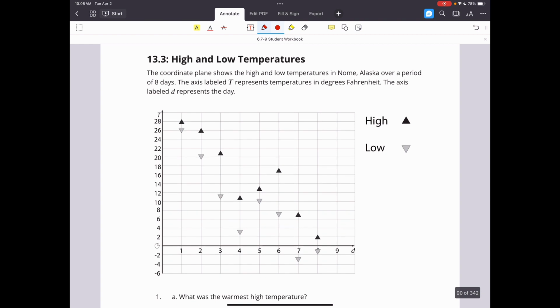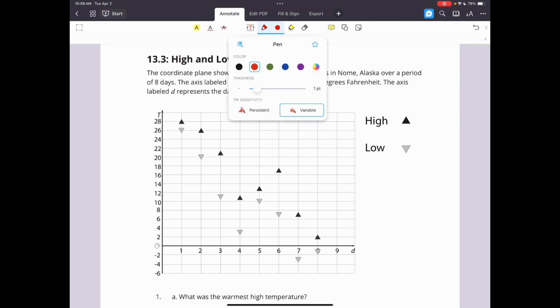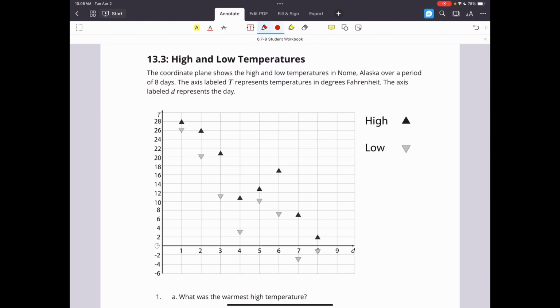We can also apply this to high and low temperatures. And so just plotting the points of temperatures, a lot of you have probably seen on the TV when they show you graphs like this, a lot of times they will do, so like for instance, the high, red means high, okay? And so a lot of times on the news, they will actually connect the graph like this, so you can see how the temperature changes.